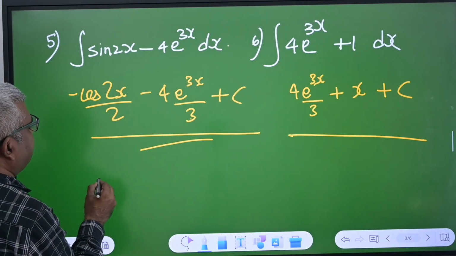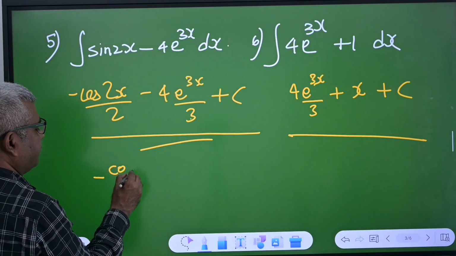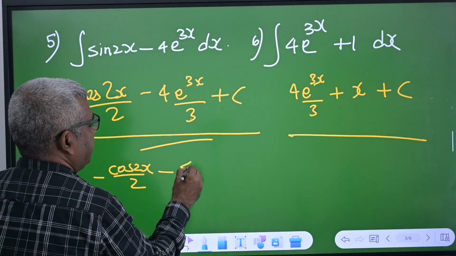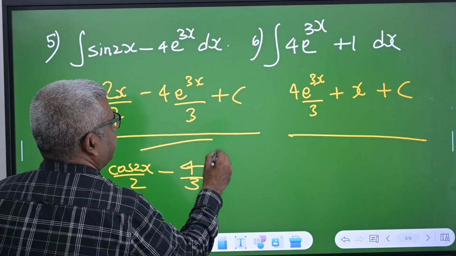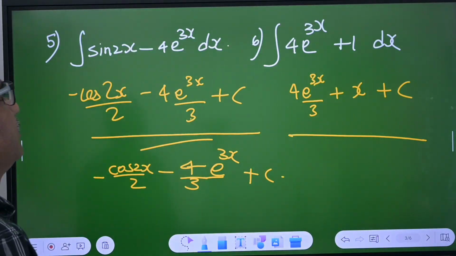It is better to write minus 1 by 2 cos 2x or minus cos 2x by 2. Zygam, please note down. Noted, sir.